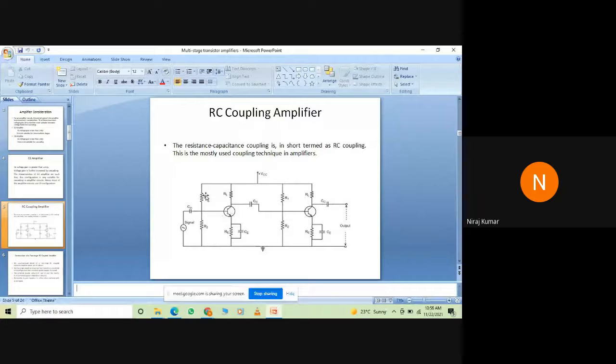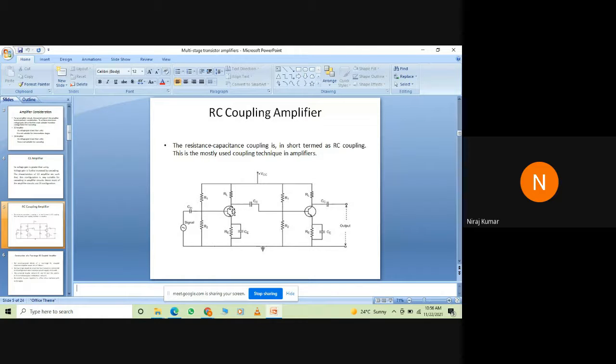Here is the basic circuit of the common emitter amplifier, with one stage and another stage also a common emitter amplifier. Two stages of common emitter amplifiers are here, both connected in between by RC coupling.